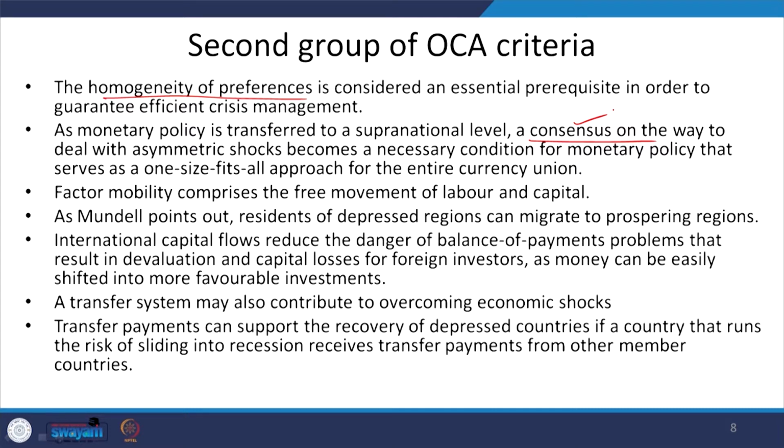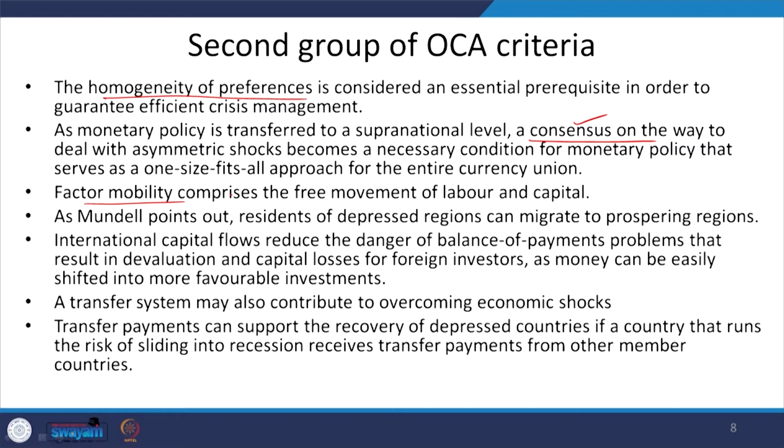So, factor mobility, as we have already mentioned, comprises free movement of labor and capital. Mundell points out that residents of depressed regions can migrate to prosperous regions, and international capital flows reduce the danger of balance of payments problems that result in devaluation and capital losses for foreign investors, as money can easily be shifted into more favorable investments.